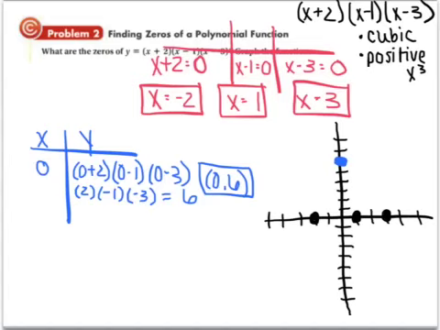Now let's try in between our other two x-intercepts. The only option we have, as long as we don't want to use a decimal, which we don't, since that would just make things harder, is the value of 2. So plug in 2 for x and find out what you get for y.